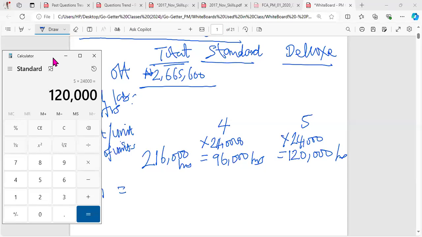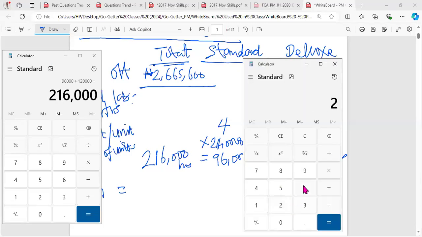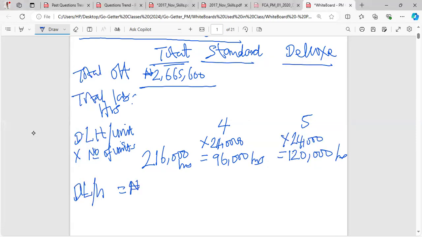Okay, so I have 2,665,600 divided by 216,000, and it gives me 12.34. So 12.34 is my direct labor per hour.